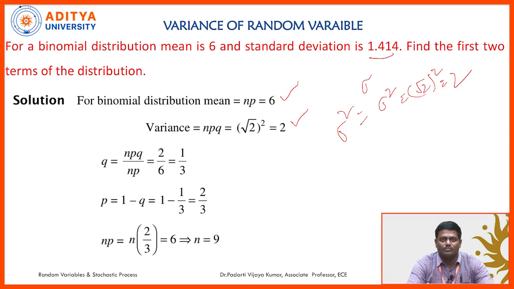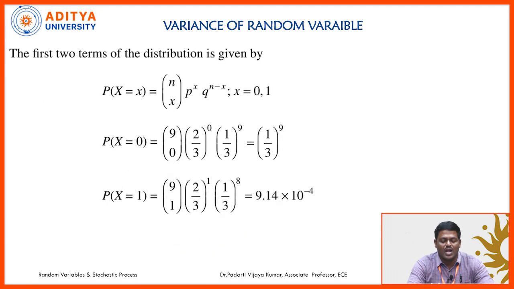So first we need to compute the probabilities. q is equal to 1 by 3, p is equal to 2 by 3. This is the failure probability, this is the success probability, and np is the mean value. Based on the mean value, np is equal to 6, and dividing by 2 by 3, we will get the total number count. So totally 9 is the n value.